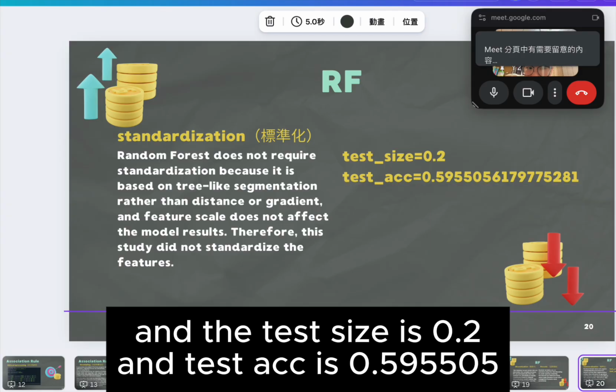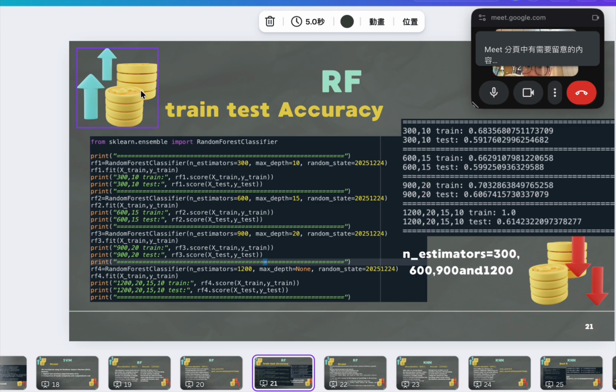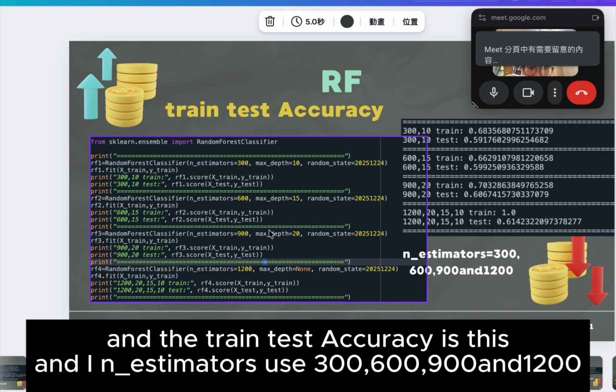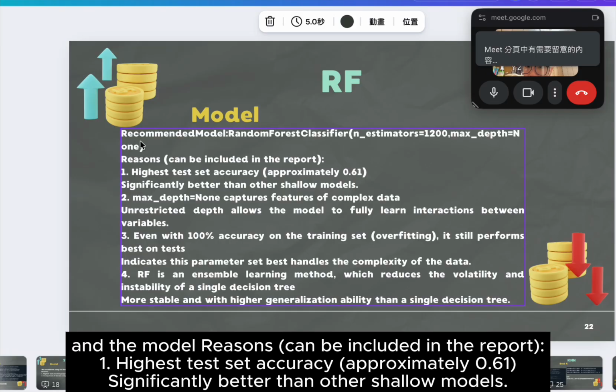And the test accuracy is this. The number of estimators uses 300, 600, 900, and 1200. And the model result is that the highest test accuracy approaches 0.61 and is better than the other models.